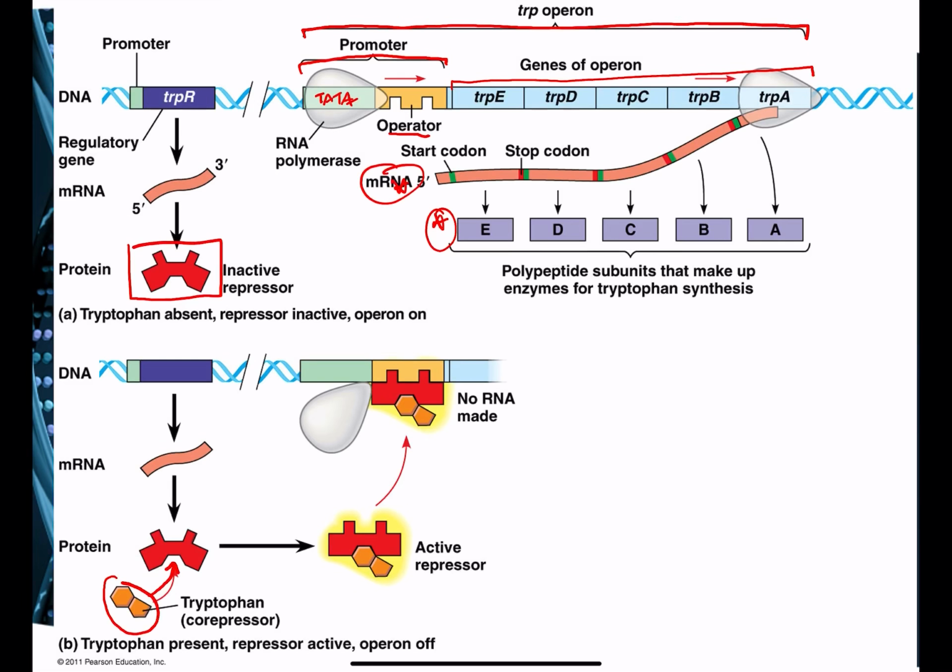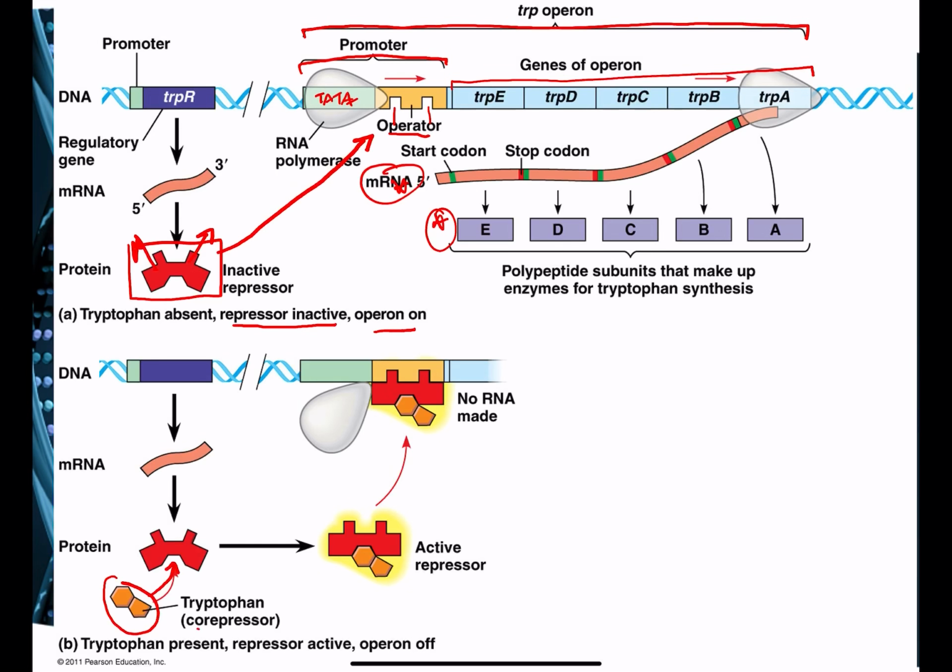Here at the top, it's inactive, okay? That repressor molecule does not fit in that operator. Those two puzzle pieces do not fit together. These point out, right? The operator points nice and up and parallel. And so because that doesn't fit, this repressor is inactive, and so the operon stays on, okay?